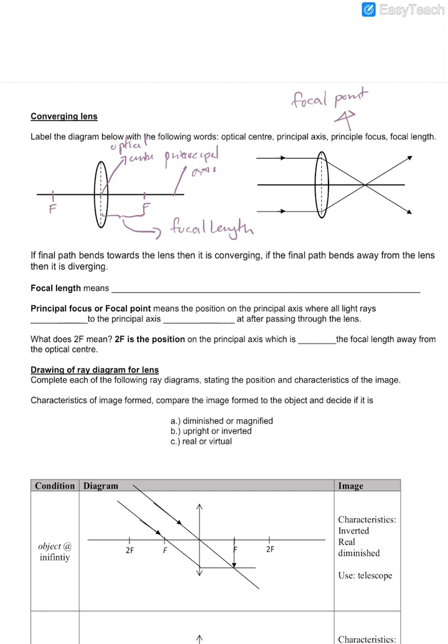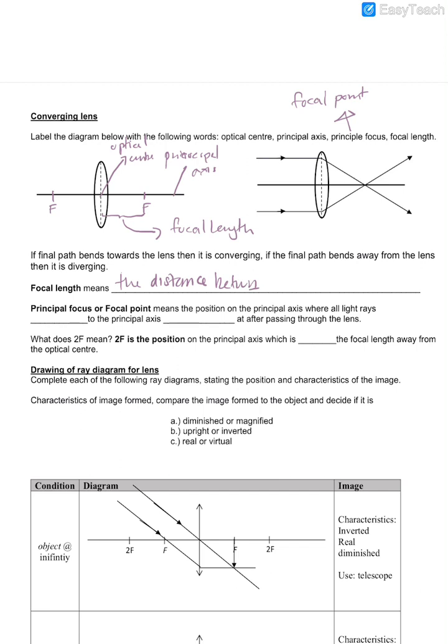Okay, so let's write down the definition of focal length here. I'm going super fast, so you've got to be really fast. So focal length means the distance. Use your common sense and tell me how to define this. Focal length is the distance between the converging lens and the focal point.